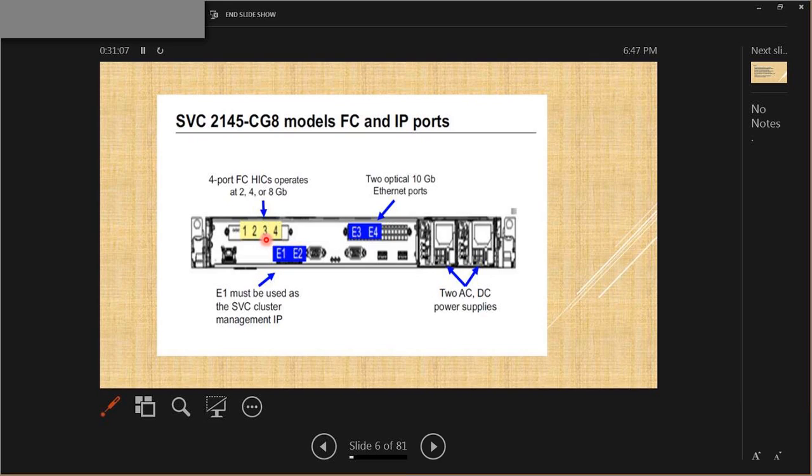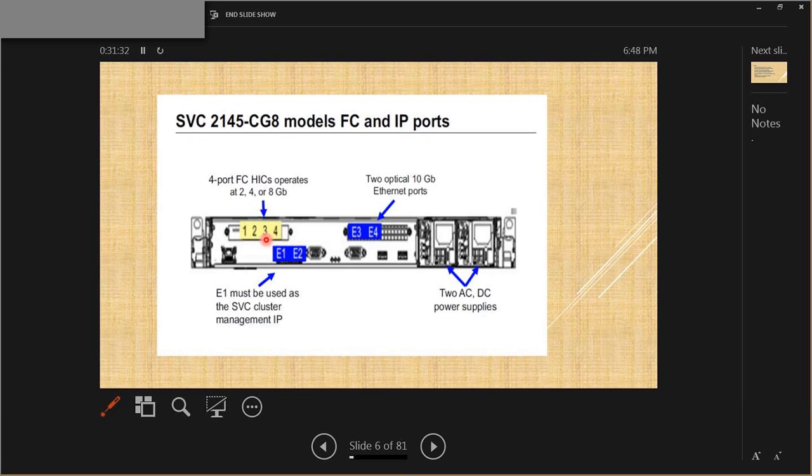Okay, these 4 ports. Apart from these 4 ports for fiber channel connectivity, we also have iSCSI ports supporting 10 Gbps speed, 10 Gbps iSCSI connectivity. For that purpose, we have these 2 ports. We are talking about an individual node here, so when we talk about a complete IO group, we just double these counts. We also have 2 separate Ethernet ports, E1 and E2.